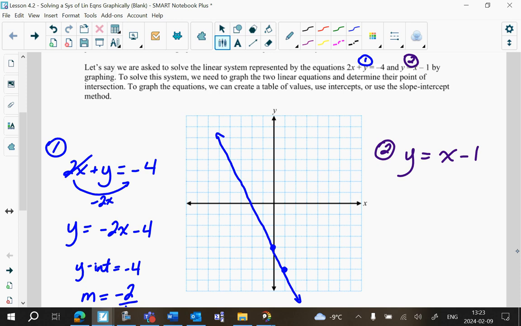So what's the y-intercept for this one? Negative 1. And what's the slope? As a fraction, 1 over 1. So that means from the y-intercept, I rise 1, so up 1, run 1, so to the right 1. And I get this.